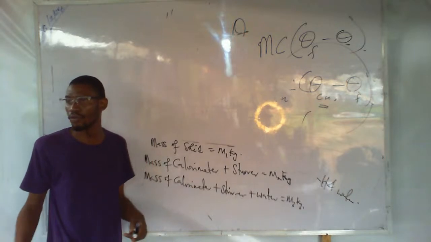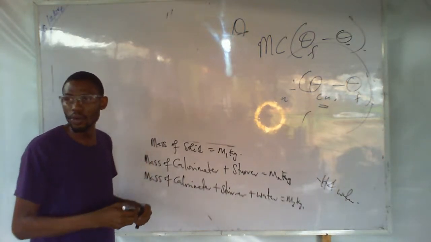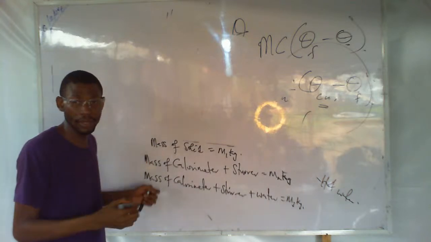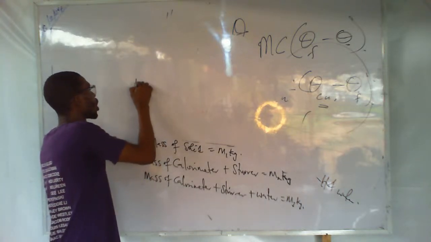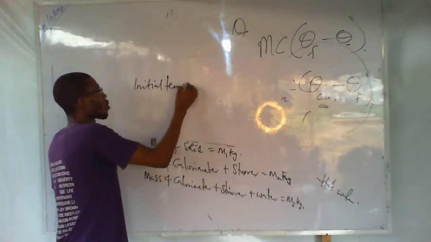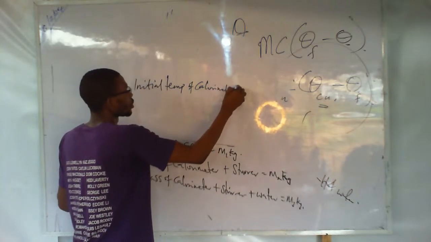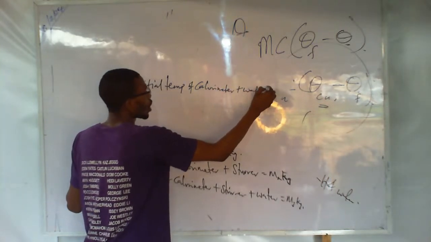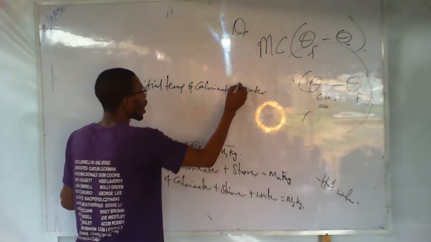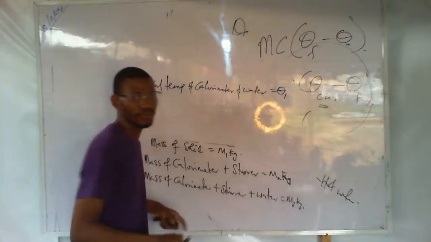Initial temperature of calorimeter and water should be equal to theta 1.